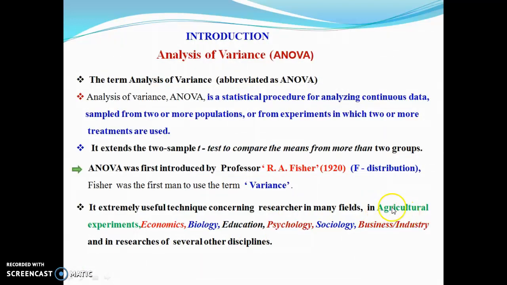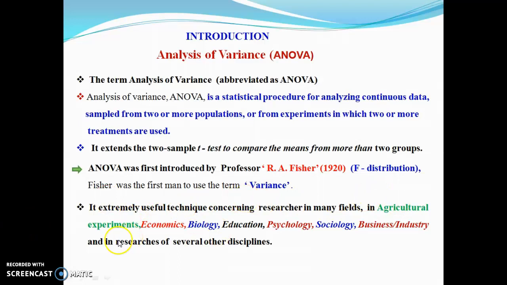If you take the example of how to use analysis of variance in the agriculture field, we can explain using this technique whether different varieties of seeds, fertilizers or soils differ significantly or not as regards the average yield of land. So this is the example of an agriculture experiment.